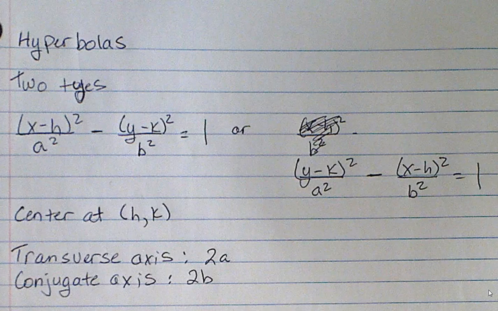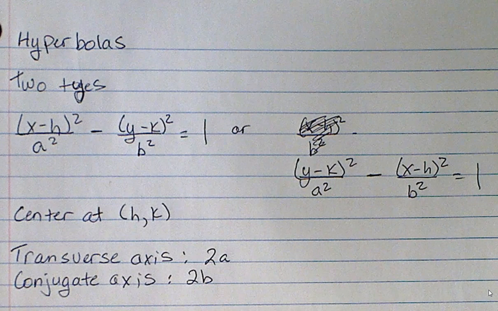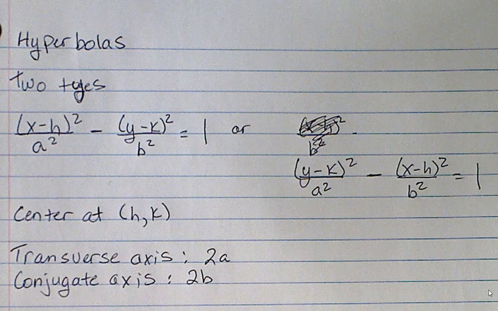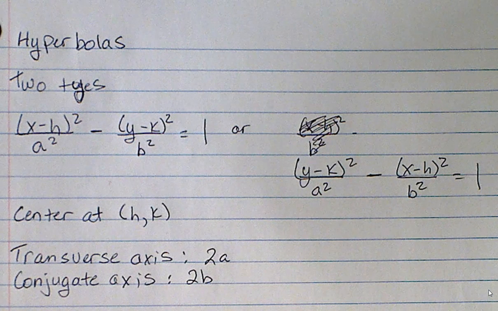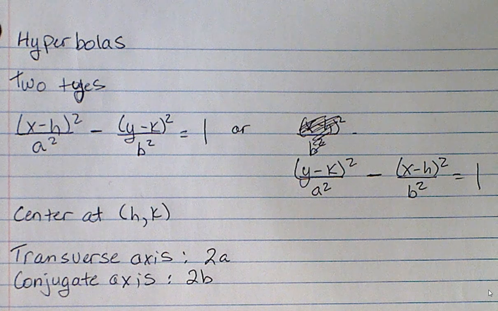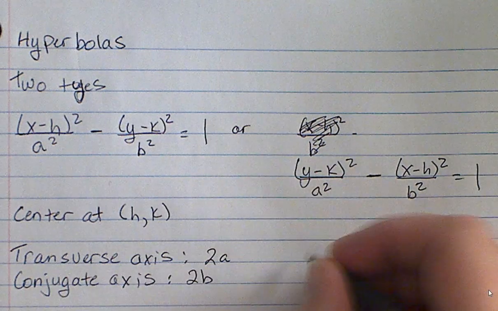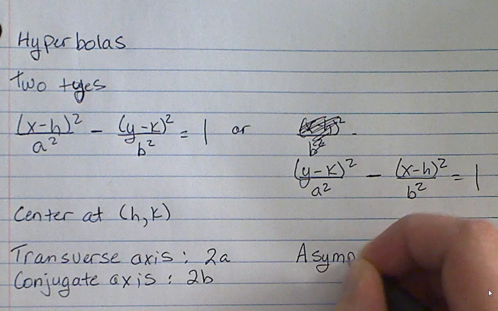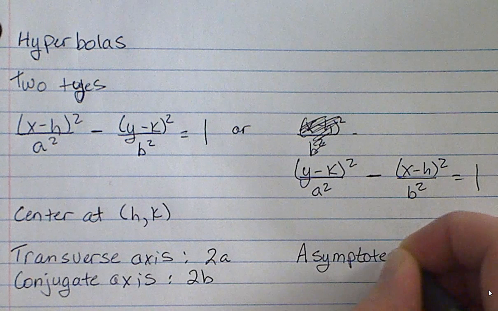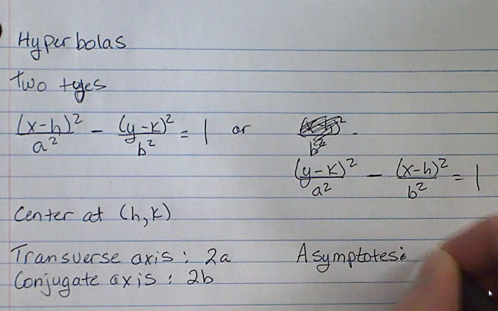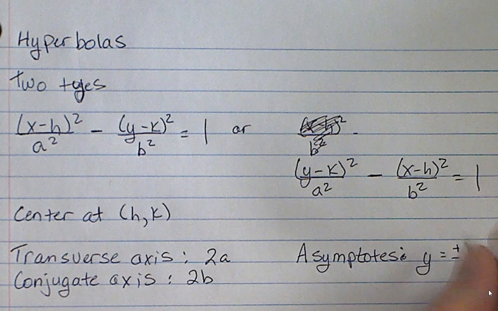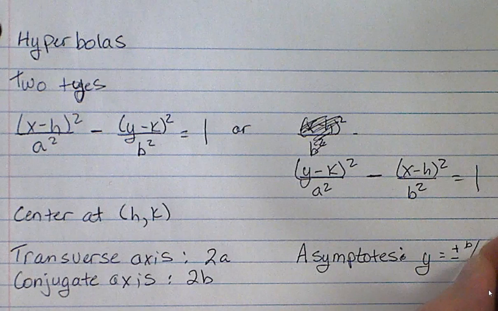So far it's super similar to ellipses. Transverse, conjugate, and then the next thing that we need to talk about are the asymptotes of the graph. And the asymptotes are at y is equal to plus or minus b over a.